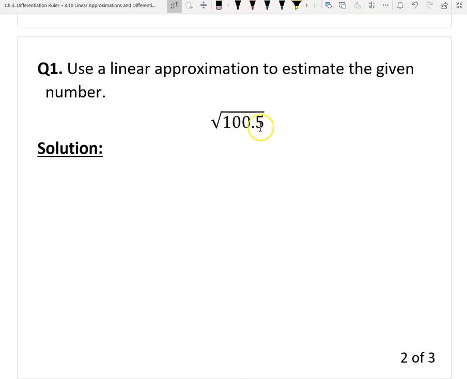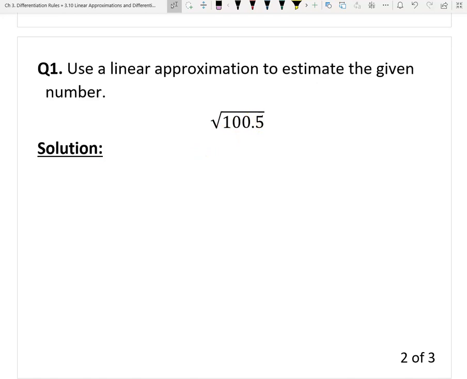And 100.5 is just near 100. Do you remember we just said linear approximation? We can use the information of the function around the point a to approximate the value of the function around a. It is exactly this type of question.